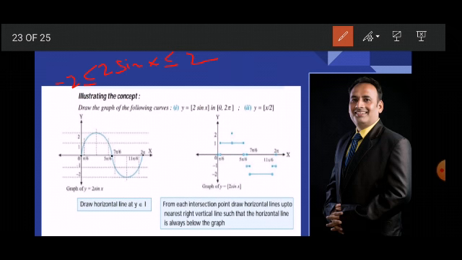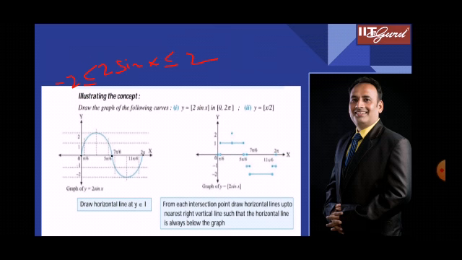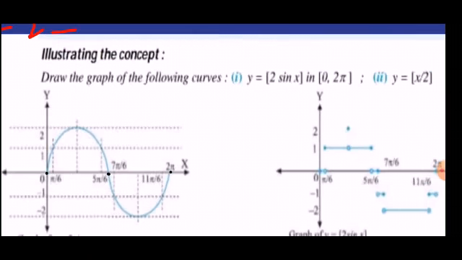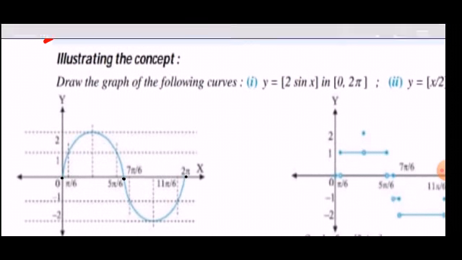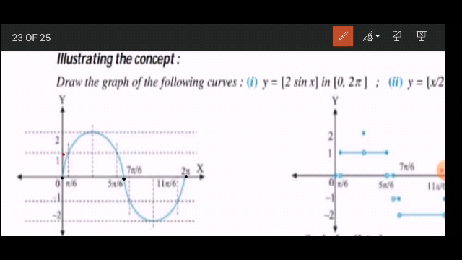So we have to mark some integer points on the y-axis. Let's see over here. This portion is 1, this is 2, and like this. So here minus 1, minus 2, and draw the line parallel to the x-axis where it cuts.